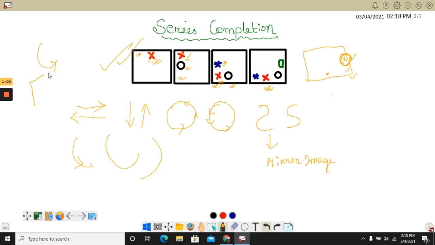Suppose this is your square, then first the cross was here, then it moved one step, it has come here, then it moved two steps, it has skipped this part and come here. Then it will move here, and then it will go again two steps, it will skip this part and come to this part.